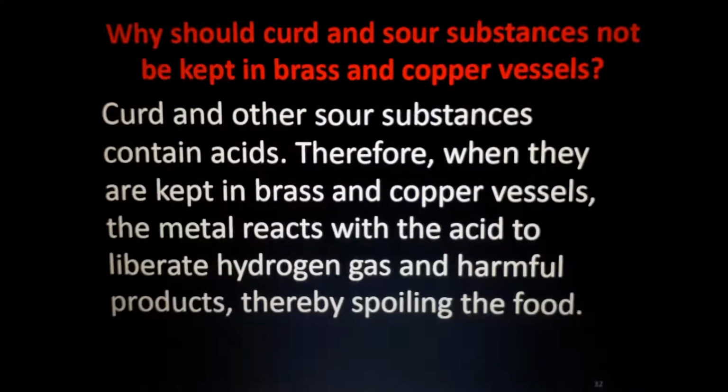What will happen? Automatically the surface of these utensils is covered with the oxides of that metal. Okay, it is a natural phenomenon. It will react with the moisture in the atmosphere and become the oxides of that metal.